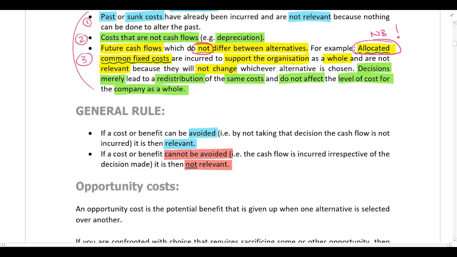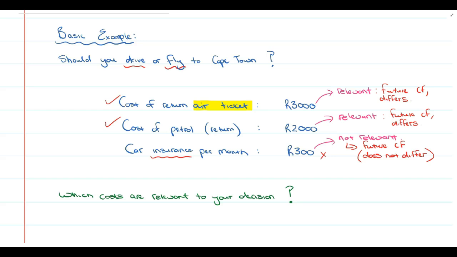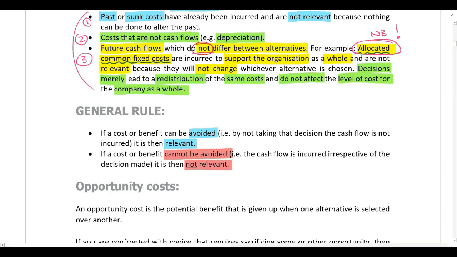So once again, I want to go back to my basic example over here. The 3,000 Rand cost of the air ticket, this cost is avoidable. I can avoid the cost by rather driving. If I drive, I don't incur the cost. And what did we say in our notes? If it is avoidable, it is relevant.